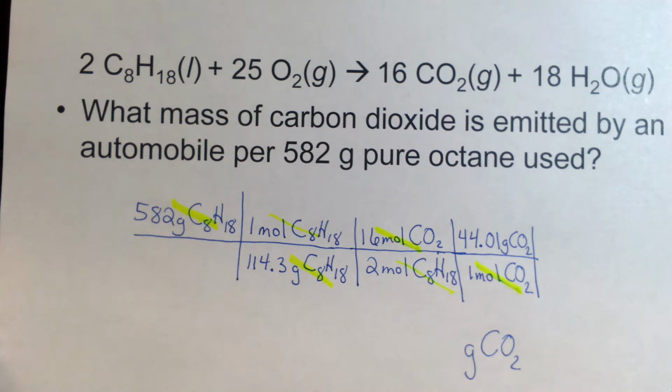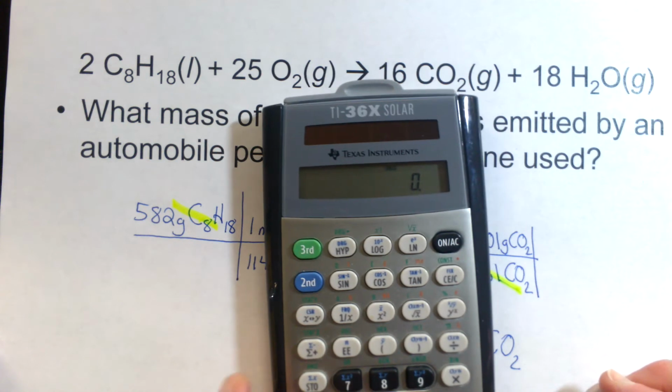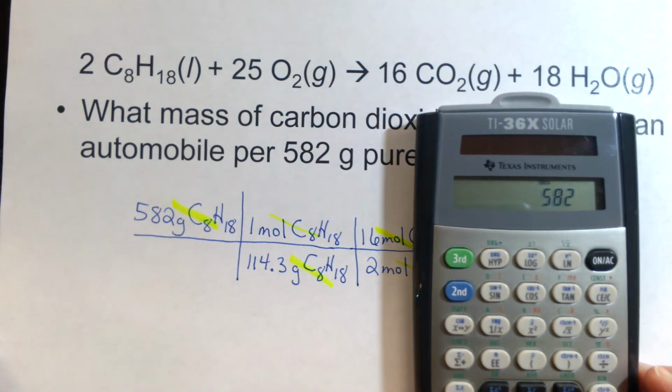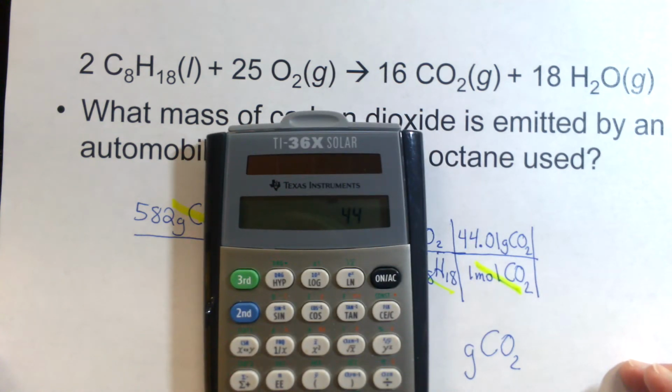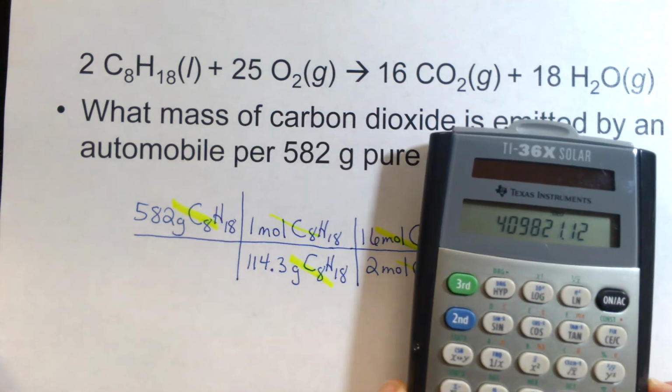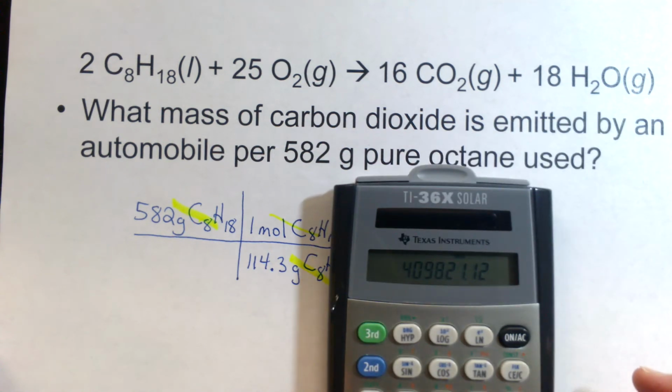Now let's take our calculator. We'll go 582 times 16 times 44.01. That's our numerator. And then we'll divide it by 114.3 times 2.